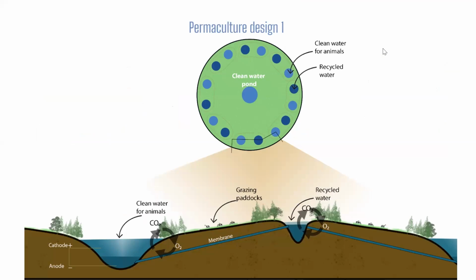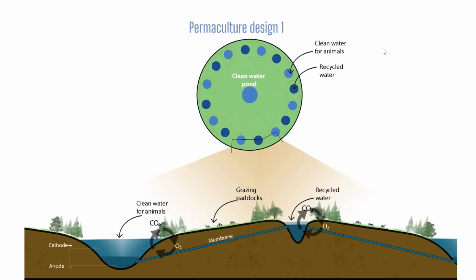Maybe you create artificial terrain where some ponds are located higher than other ponds located lower. And you might have places with rotational paddocks where the manure water is going to come down, where you're going to get more organic content for your anode. And then you might set up an anode here and a cathode here, or you might set up the anode lower and the cathode higher.